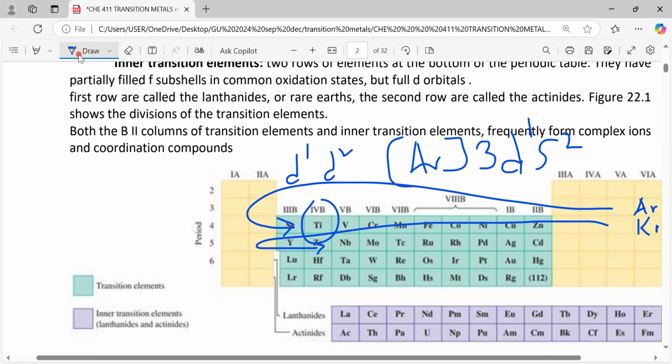If I'm writing for osmium, for example, I'll pick the noble gas there. Osmium would be a 5d element: d1, d2, d3, d4, d5, d6. So osmium is 5d6, 6s2.